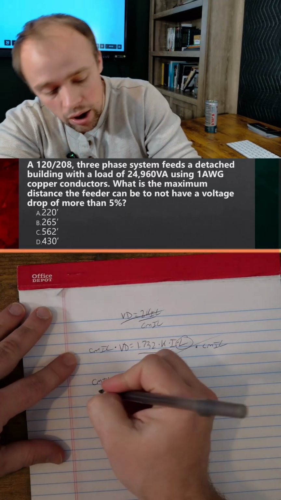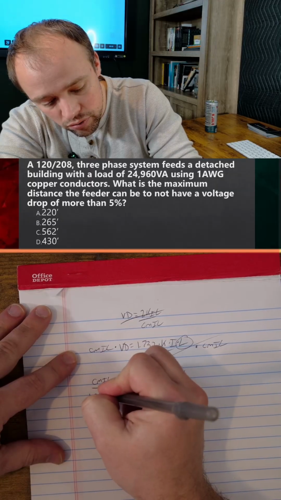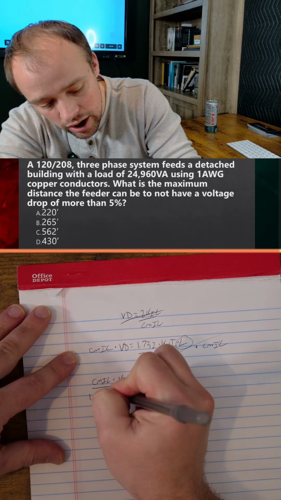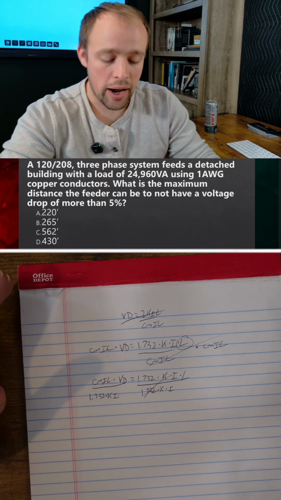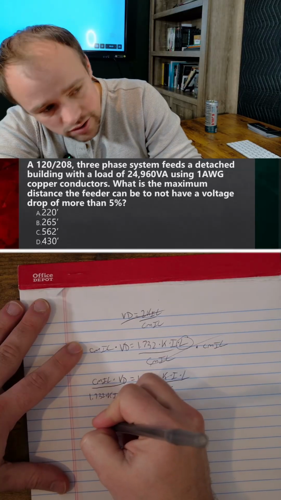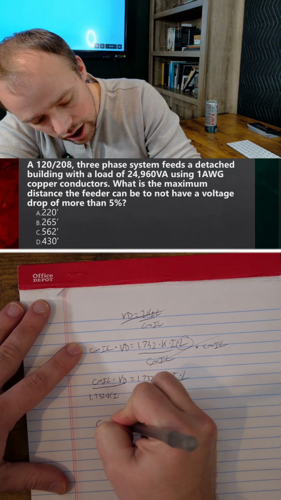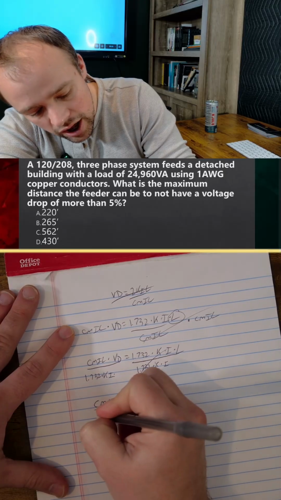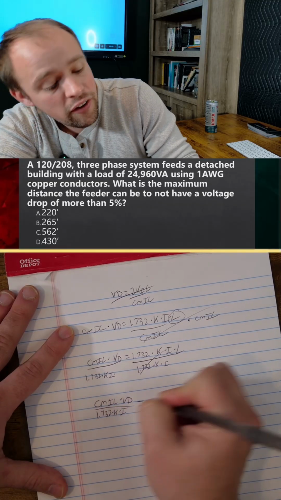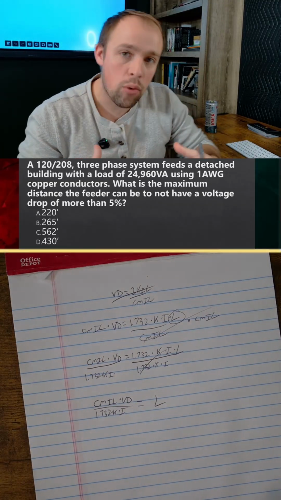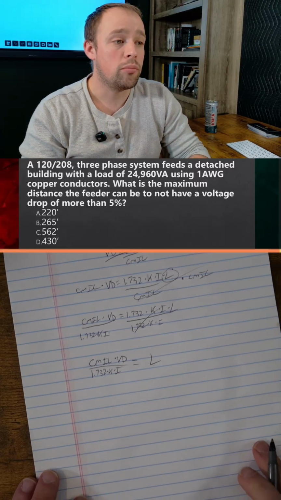So now L is by itself. Rewriting this, it is circular mills times voltage drop divided by 1.732 times K times I, which finally gives us the length. Now we have our proper formula.